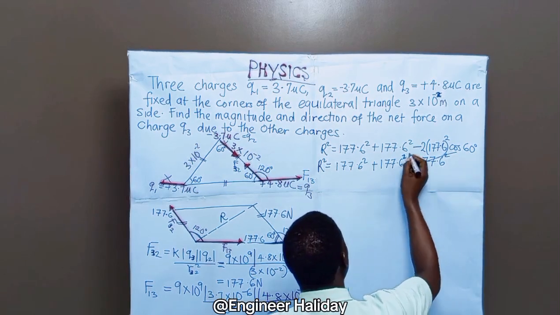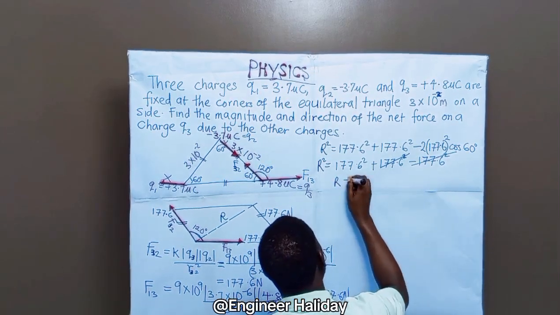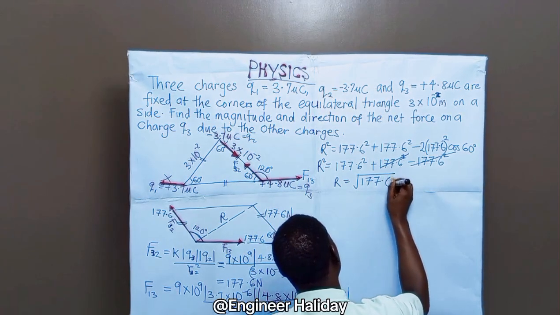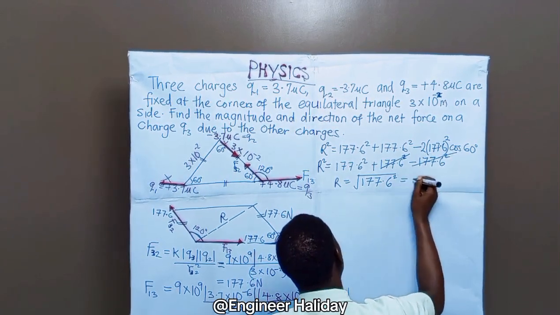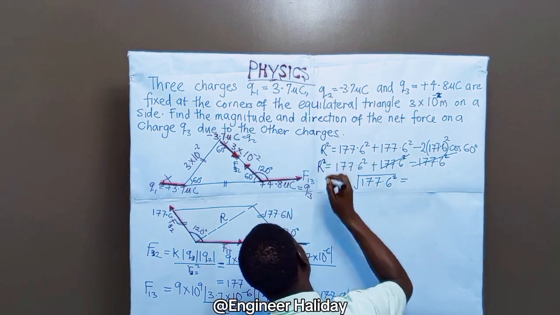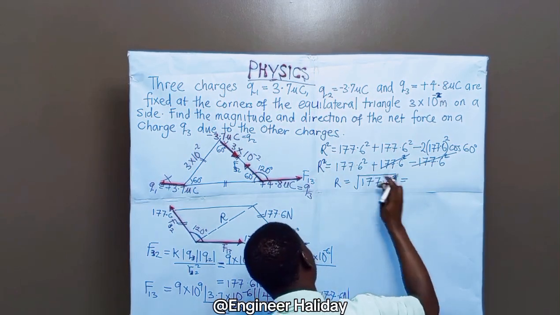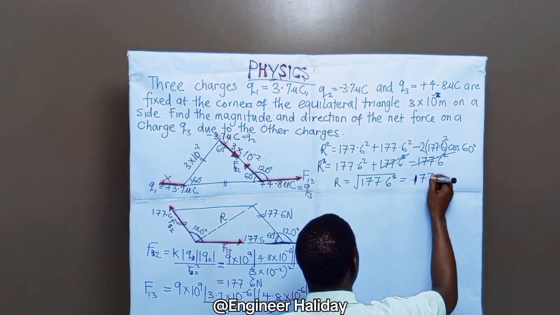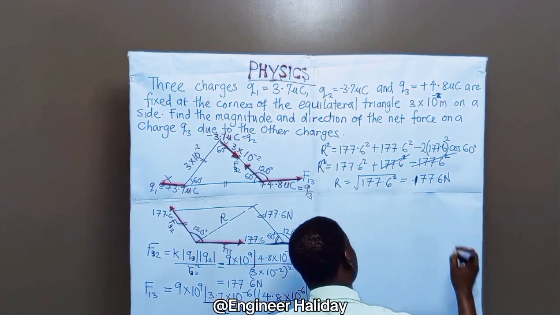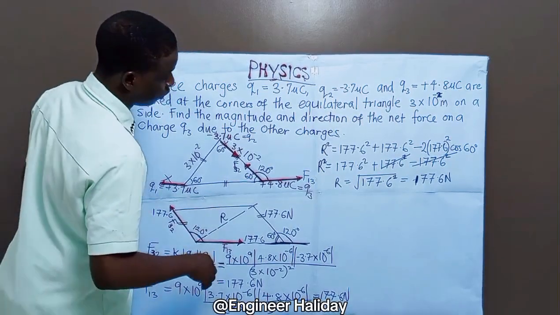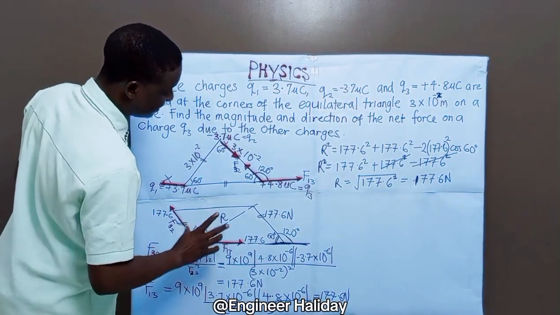This one will cancel this one. So our r equals the square root of 177.6 squared. Why? Because you want to make r the subject of the formula, so you take the square root of both sides. So we are going to have 177.6 as the resultant.